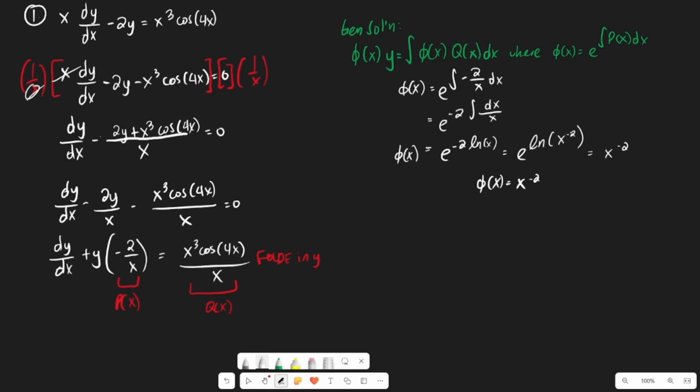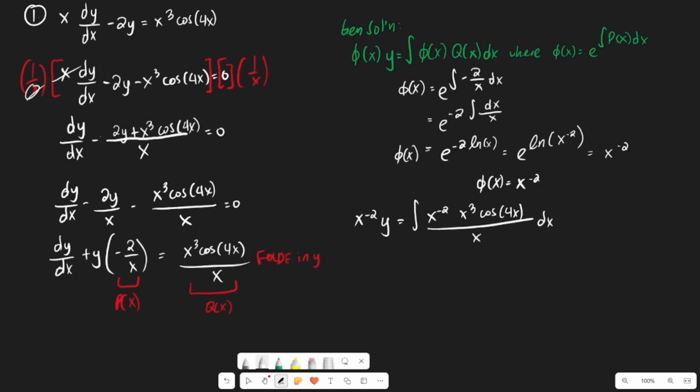So phi of x, x raised to negative 2, times y. We're just substituting everything right here. X raised to negative 2 y is equal to the integral of x raised to negative 2 times our q, which is x cubed cosine 4x over x dx.